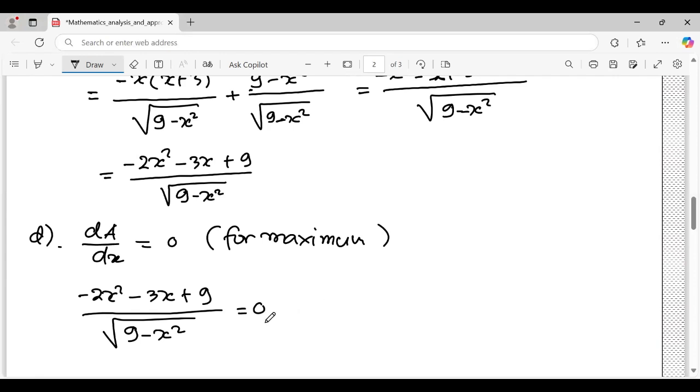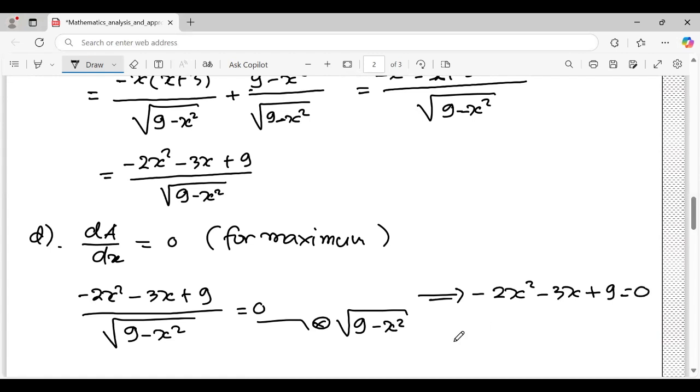And if you multiply with square root 9 minus x squared, it will be minus 2x squared minus 3x plus 9 equals 0.